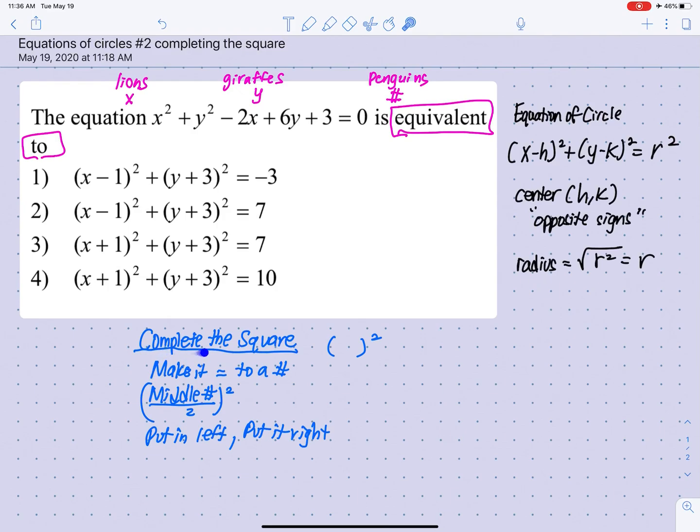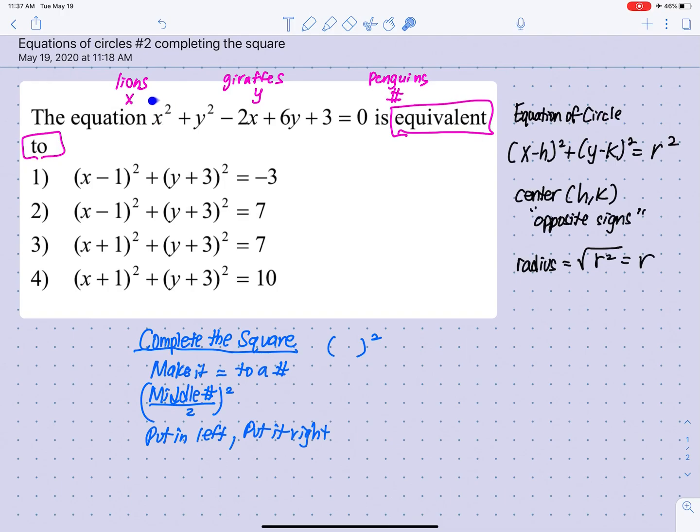Complete the square, the whole purpose is to change the terms into the format of something squared. First, complete the square, make it equal to a number. Before we do all of that, there's a lot going on here. It's all mixed up.